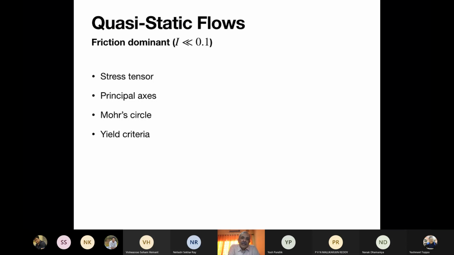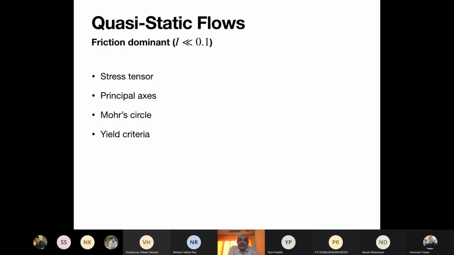And here I just wanted to first discuss how we can calculate the stress tensor on different surfaces within the system. And then I'll define something called principal axes, along which the normal stresses are maximum or minimum.